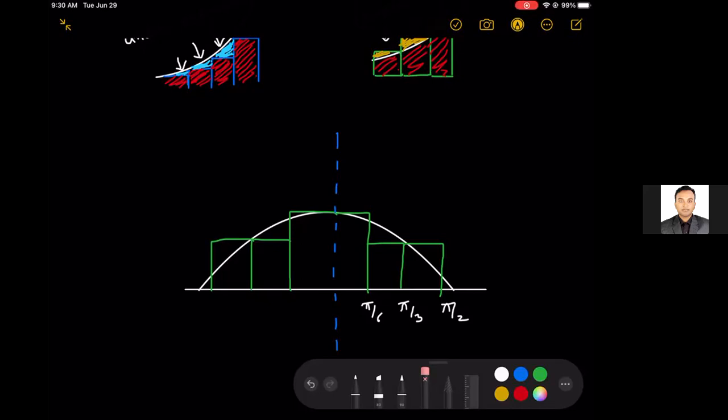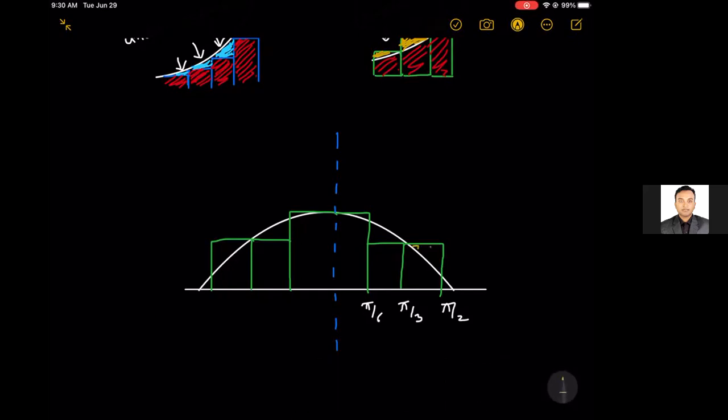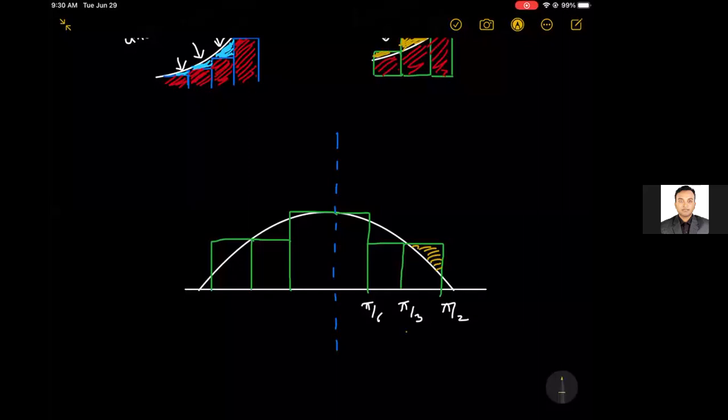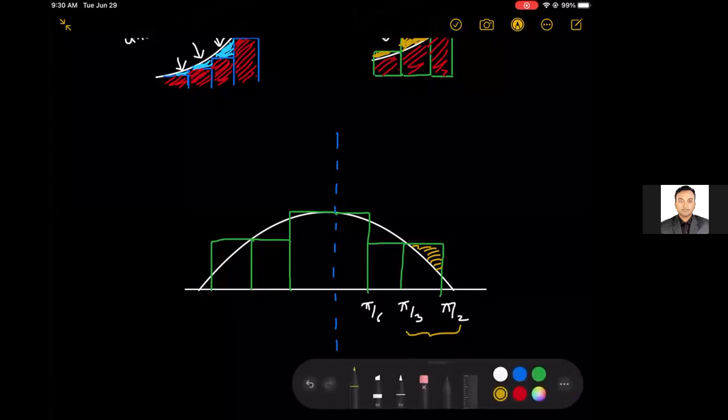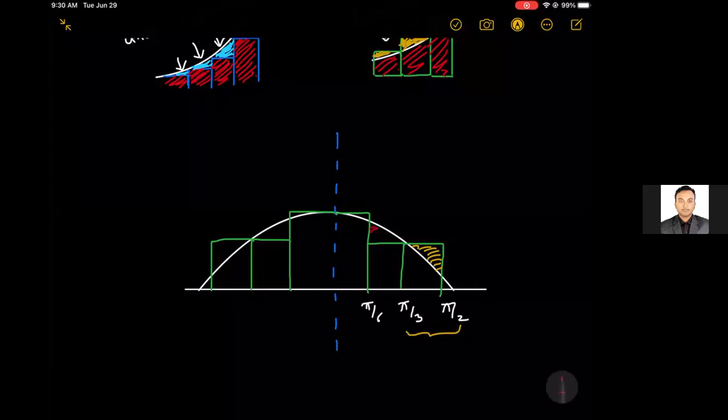So we can clearly see that on this portion, we'll have an overestimate, right? So from pi over 3 to pi over 2, we'll have an overestimate. On this portion, we'll have an underestimate from pi over 6 to pi over 3, right?